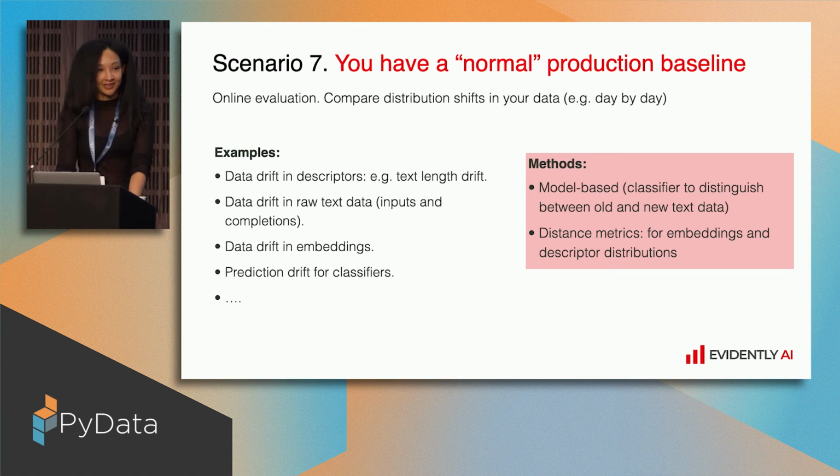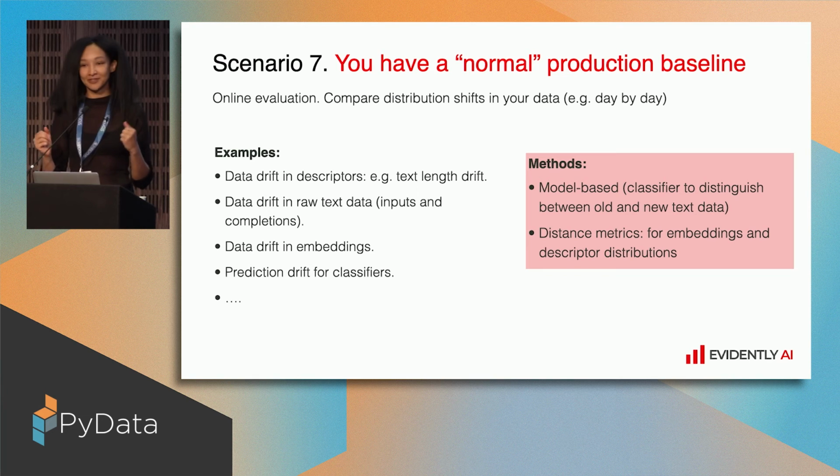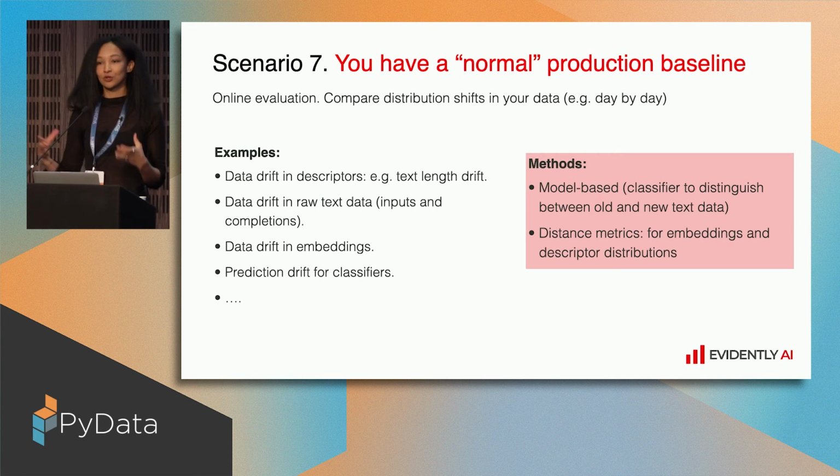Also, if you're lucky enough and you have some previous iterations of your model, so you know what is the normal or good production baseline, you can compare your current system with the previous one, which is also a very nice approach. In this case, you can go for some data drift. If you're lucky enough to have the previous good baseline, you can build your evaluation based on the comparison between your new system, new application, and the previous one.